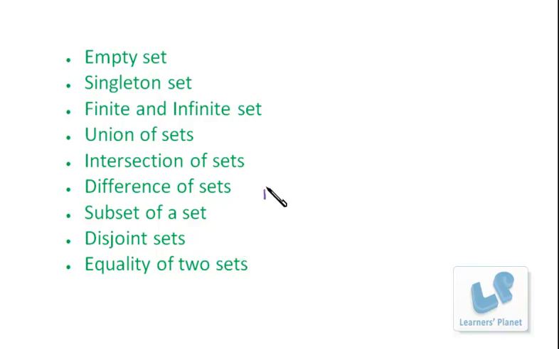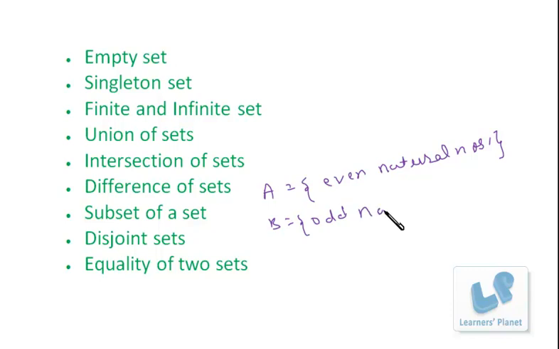Suppose A is the set of even natural numbers and B is the set of odd natural numbers, right? So the sets A and B are known to be disjoint because there are no common elements between the two, right?